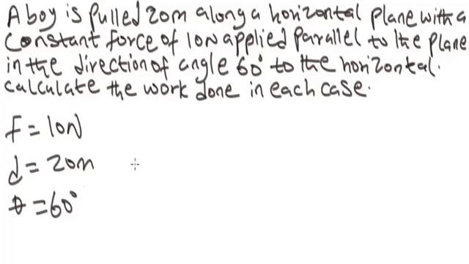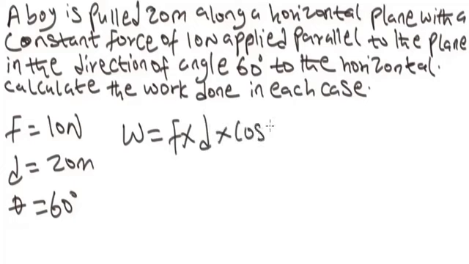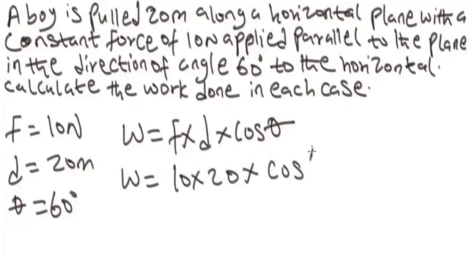Alright, so to calculate the work done will be force times distance times cos theta. When you substitute, then you have work equals 10 times 20 times cos 60. Note that we use cos because the angle is inclined to the horizontal. Had the angle been inclined to the vertical, we would have used sine, but since it's horizontal, we make use of cos.